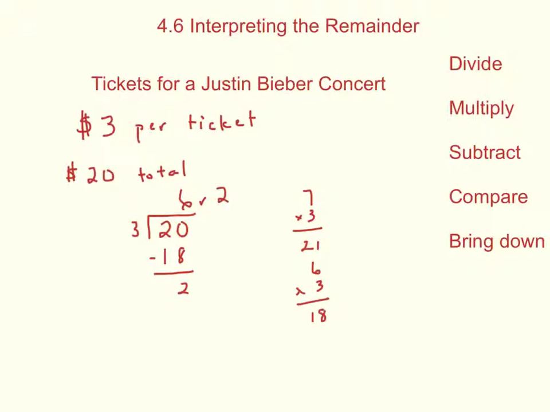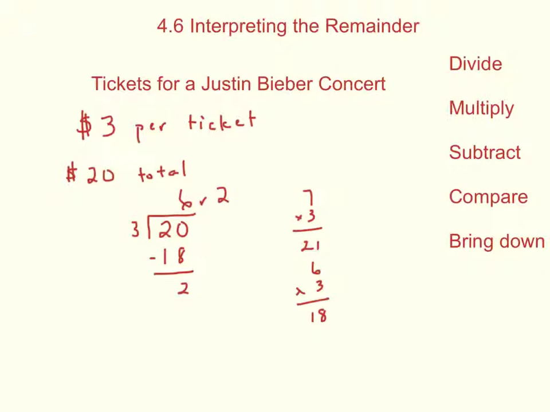Now, how many Justin Bieber tickets can we buy for his concert? Well, we can buy 6 tickets, but there's still $2 left over. This remainder is $2. So what are we going to do with those $2? We can't buy another ticket because another ticket is $3.